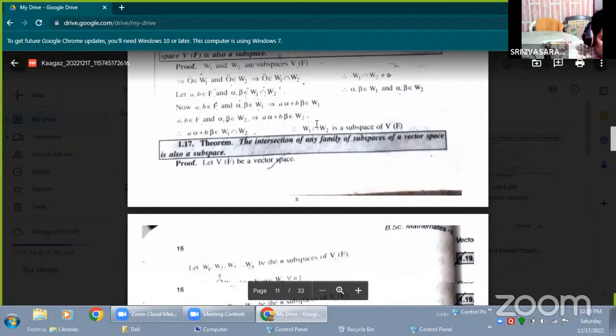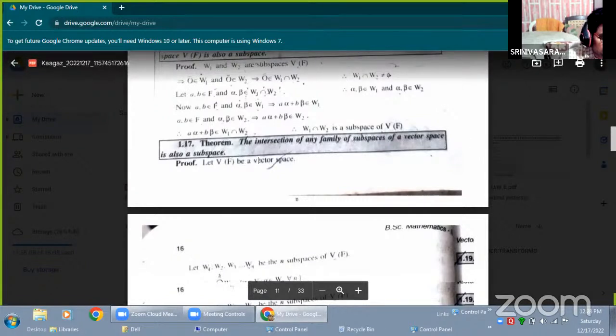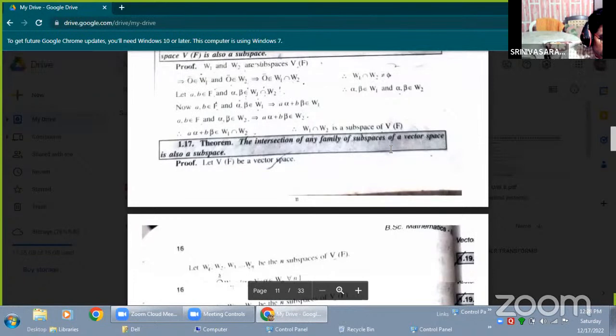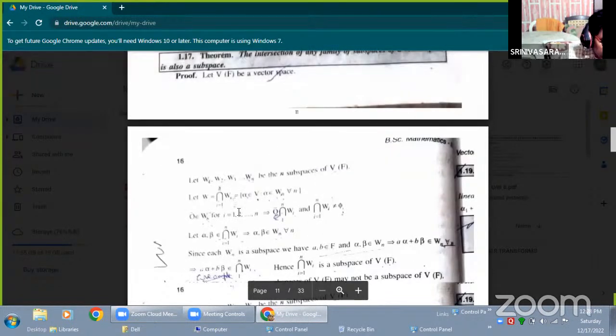Now, for your purpose, you have to mention here: the intersection of any family of subspaces of a vector space is also a subspace. First of all, what is the intersection of the family? The intersection of Wi equals W, and in the same manner the zero vector is in it, so the intersection of the family is non-empty.